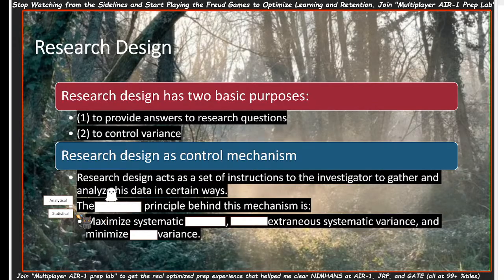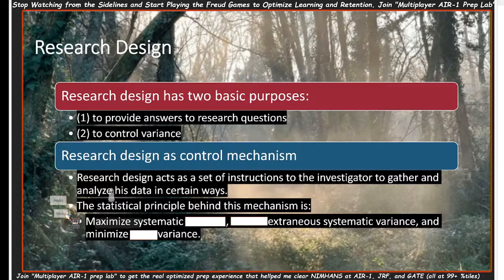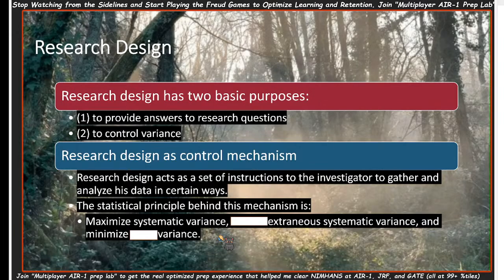So the statistical principle behind controlling variance is that you have to maximize the variance that you really want, this systematic variance. All right. So it could be independent variable. Okay, so dependent variable. So these do vary in a predictable manner, right? So at least IV, it has to vary, and DV you check whether it varies or not.